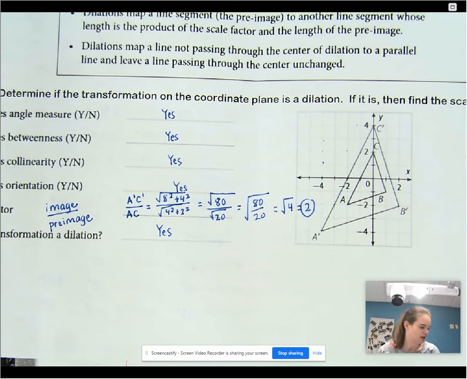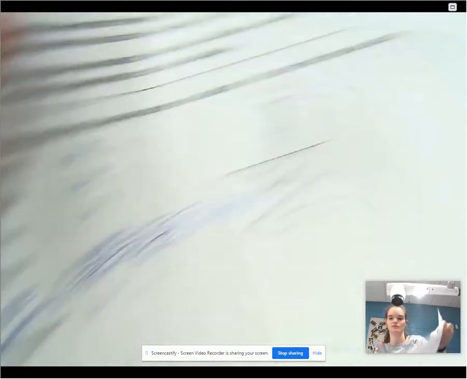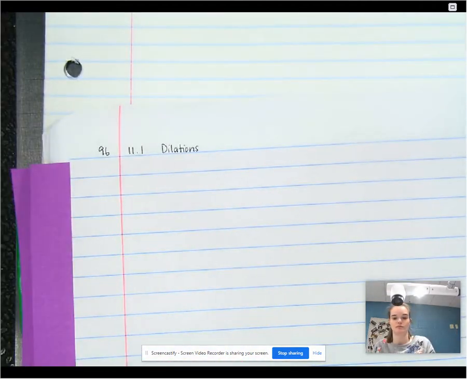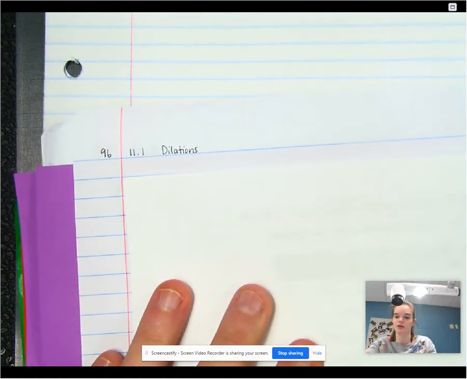Glue this in on 96, and then we'll do the second foldable, where we're just going to keep doing more of these at first.